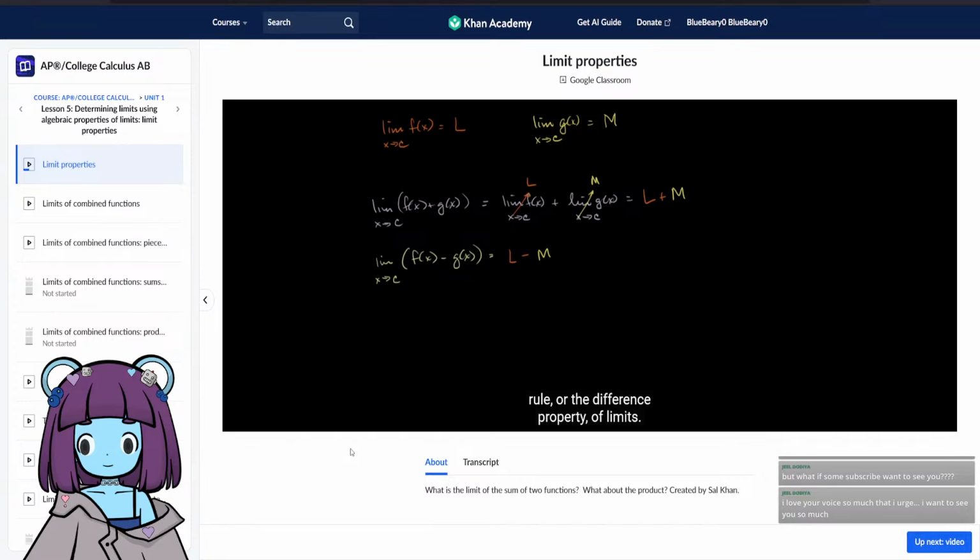The difference property of limits. Interesting. Is it a product? The product property of limits, the multiplication property of limits.